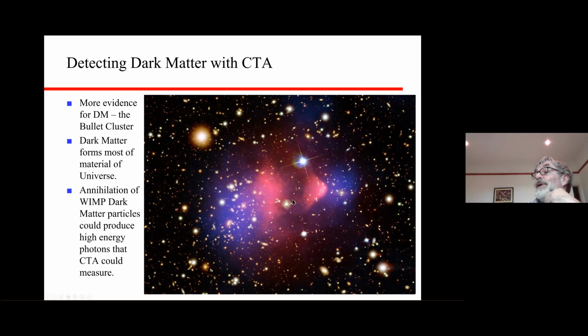So what you can see has happened is that as these clusters have moved through each other, the normal matter has interacted and slowed down. The majority of the mass, the dark matter, has not interacted and just passed through. So it's tended to separate from the normal matter. So we've got dark matter, normal matter, dark matter here.